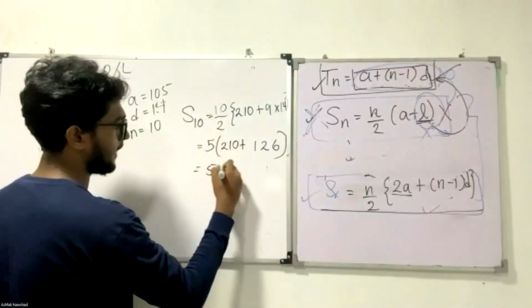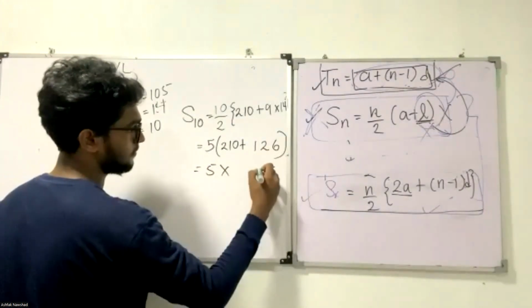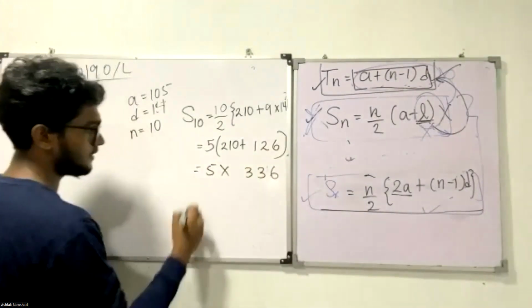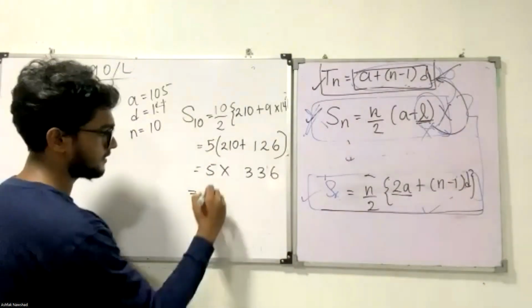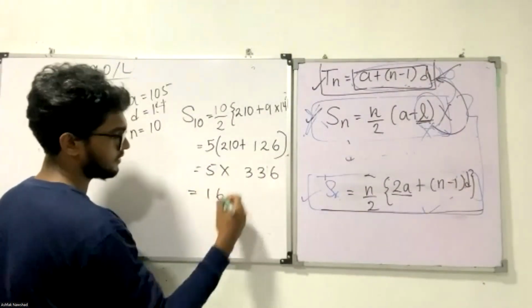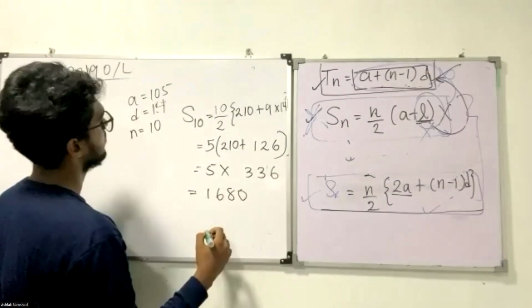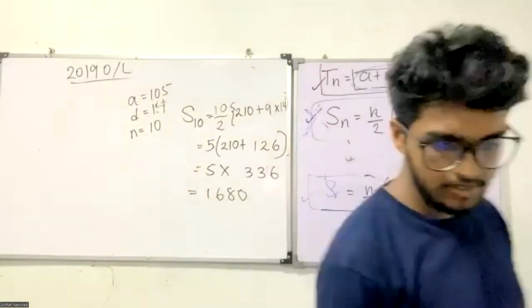So 5 times the sum, 336. What is 5 times 336? 1680. Is this the answer?